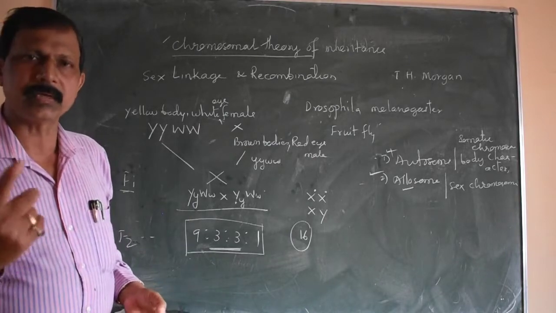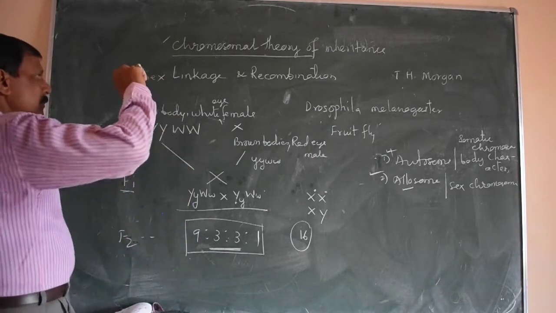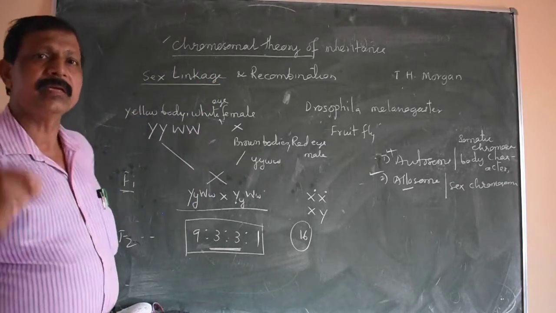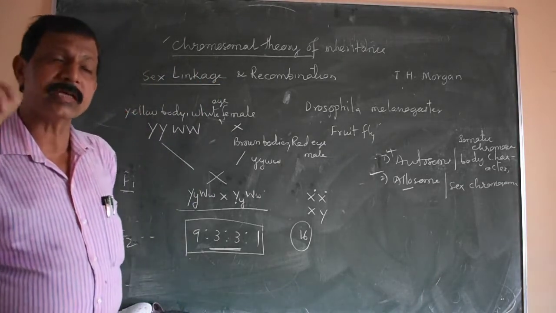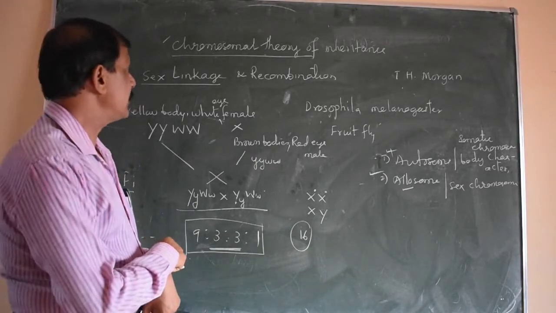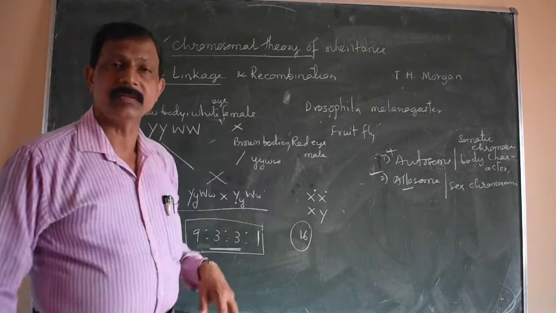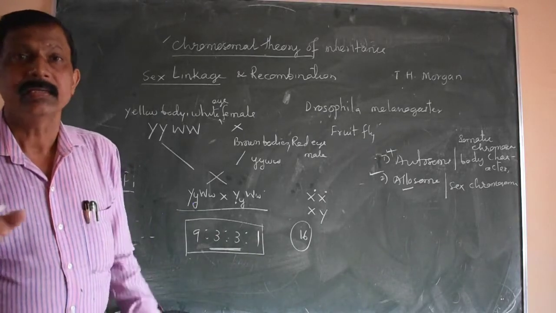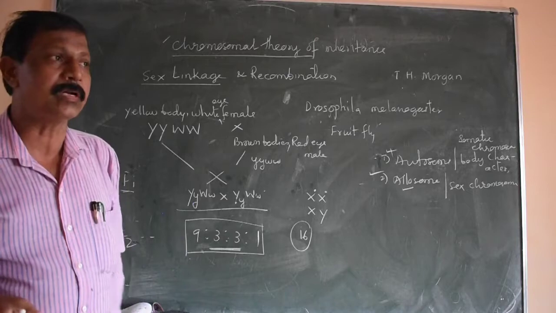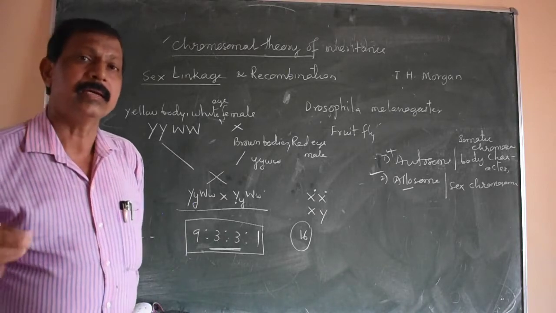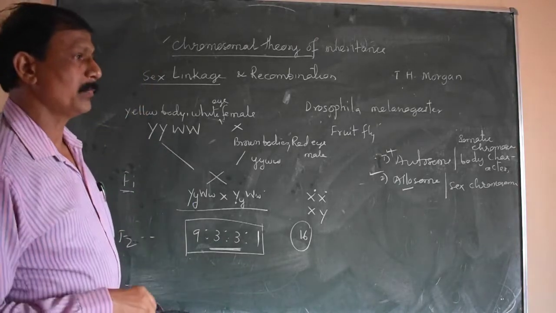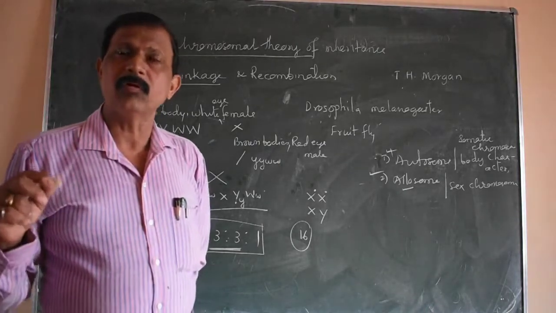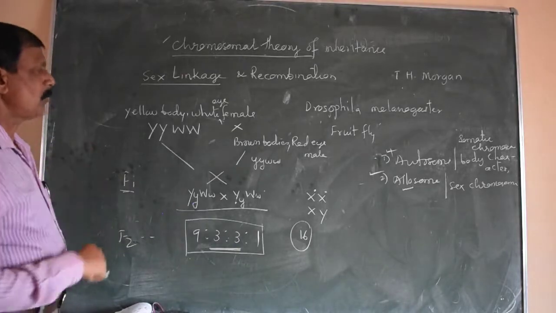From this experiment, they came to know that sex linkage means some characters are also linked to the sex chromosome, and that is what we call linkage. And recombination means the recombination process also takes place during gamete formation, particularly during prophase 1, the pachytene stage, when crossing over takes place, and crossing over plays a very important role in the recombination process.